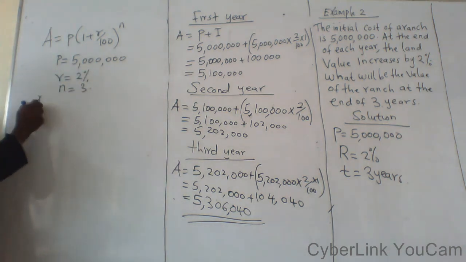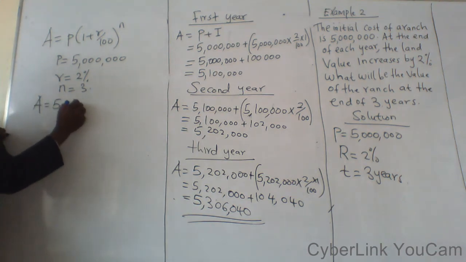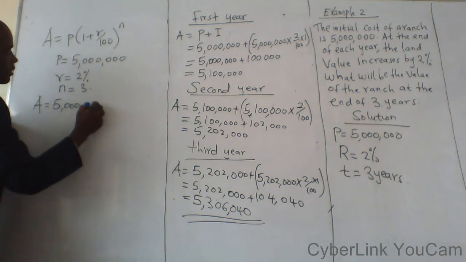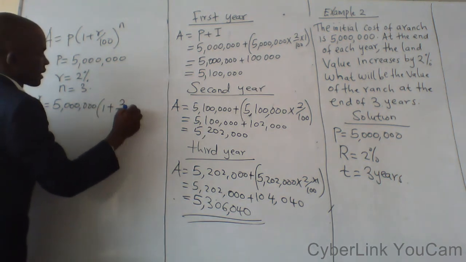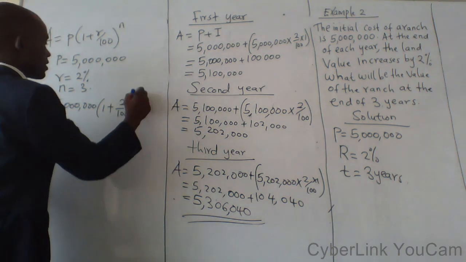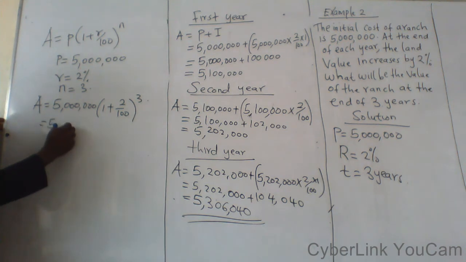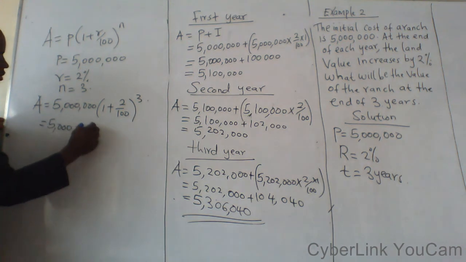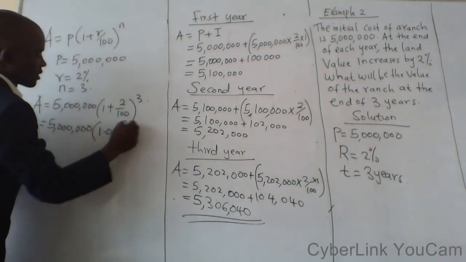So our amount will be equal to 5 million into 1 plus 2 over 100 raised to 3, which is 5 million into 1.02 raised to 3.